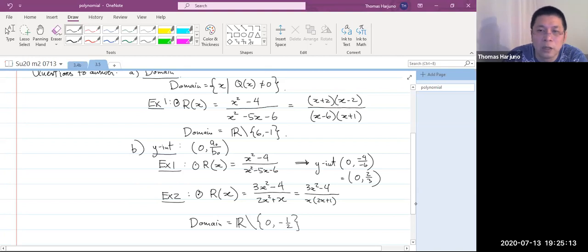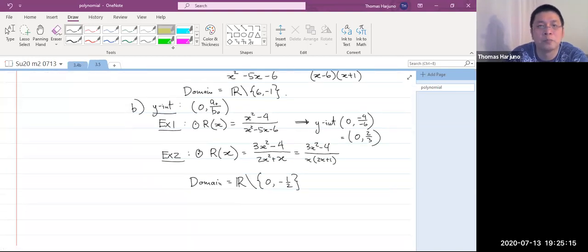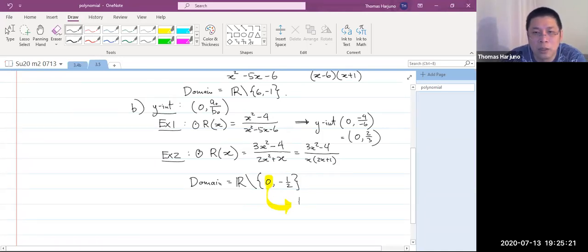Now notice that 0 is not in the domain. Because 0 is not in the domain, there is no y-intercept.